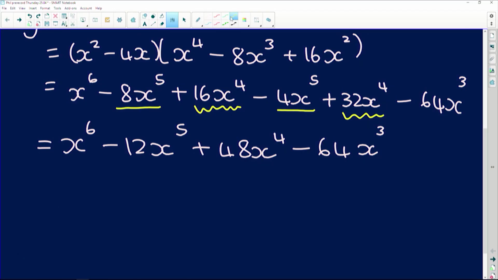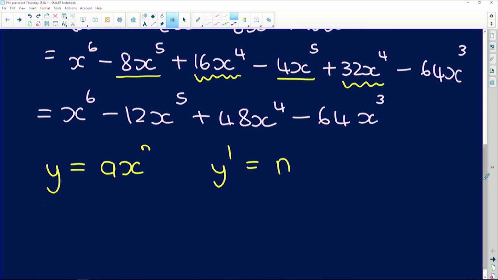Now we can start applying those simple power rules because we don't have any weird operations in that bracket that we were multiplying out. Okay, so let me remind you of that thing again. If we have the original function ax to the n, if we want to differentiate, we simply take the exponent that it was originally raised to, we multiply by the original function, and we subtract 1 from the exponent.